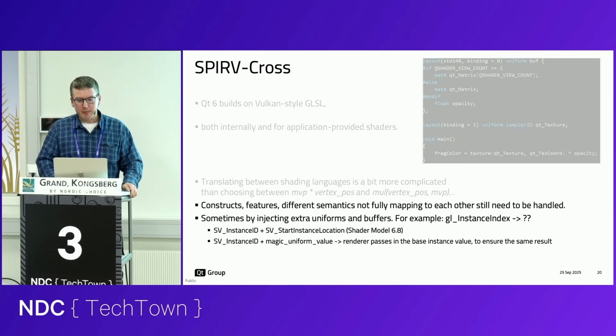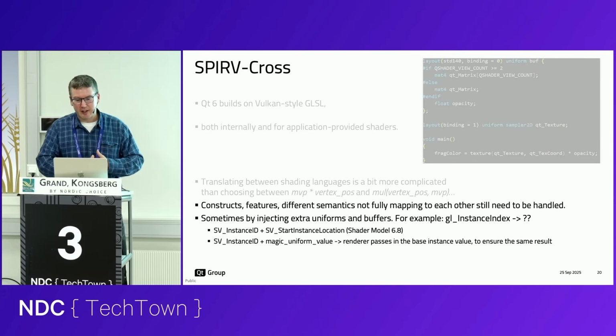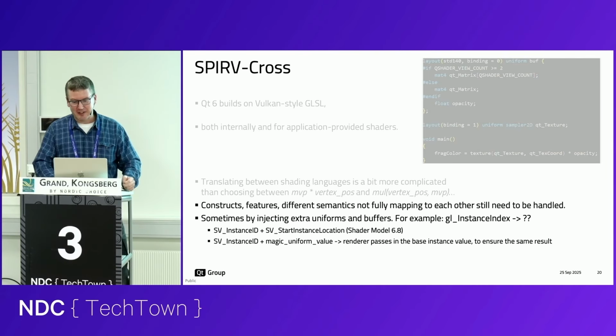There are countless other examples, like when you emulate certain things by passing in magic uniforms or buffers, which gets a bit weird sometimes. SPIRV-Cross generates shader code which has a magic uniform or buffer, and then the renderer has to pass some values in there so that the end result is the same. A classic example, which is a cheeky one because we don't even implement this properly in Qt: what does gl_InstanceIndex translate to?